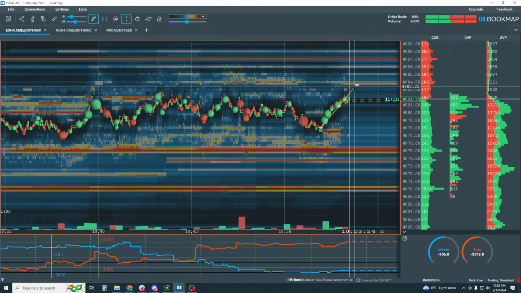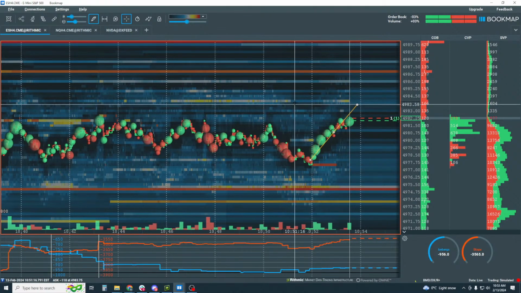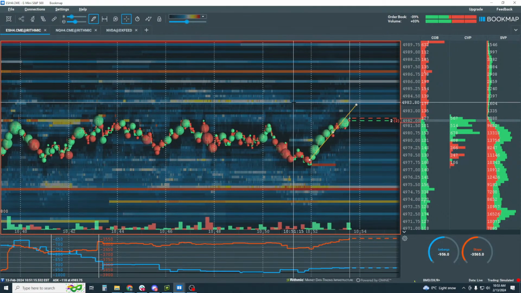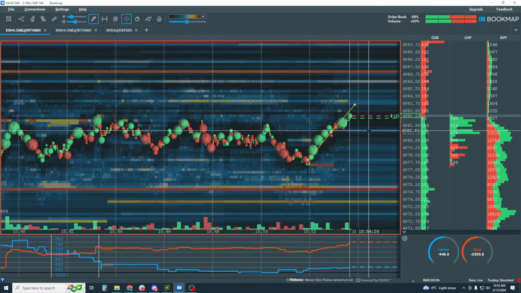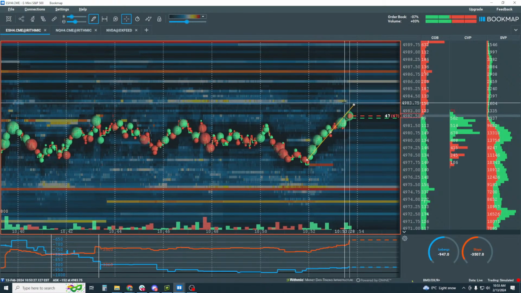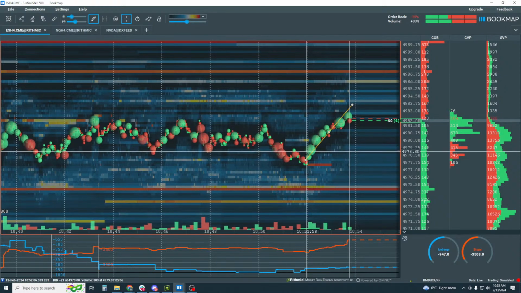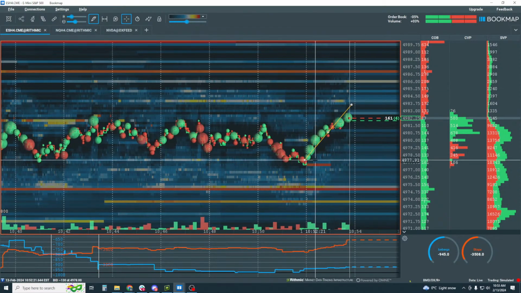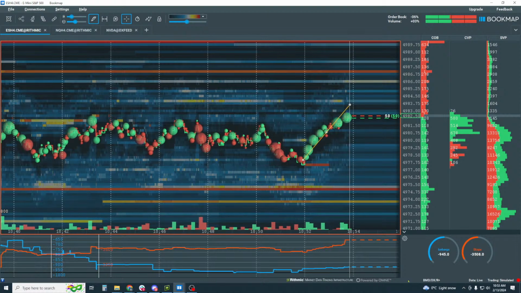And now, if you're looking at getting involved in there, you can look for taking some off here at 84, or if you get a stronger bid in here and you see strong buying and they're pulling up here, maybe you want to hold and look for 87 instead, and take some off up there. Anyway, lots of considerations in here.